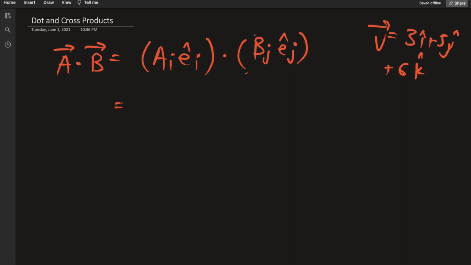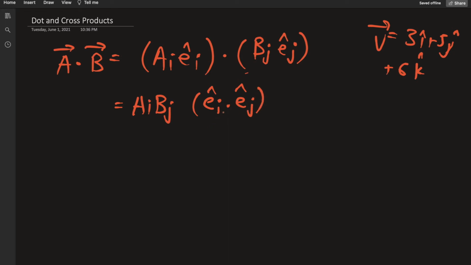So you can just take them out of any operation, because you can basically distribute out the scalars, Ai, Bj. But the thing is, you still have to write the dot on the basis vectors ei, ej.